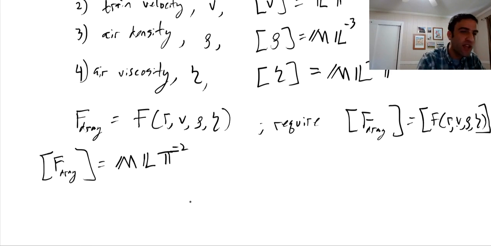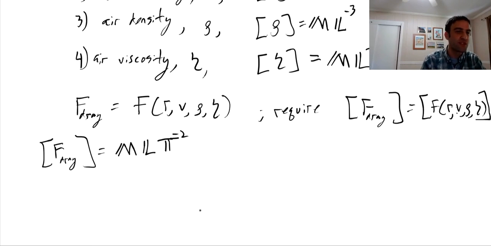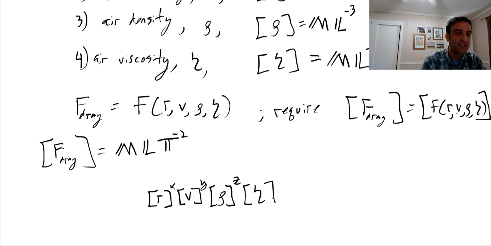In the same way that we set it up before, we want something like dimensions of radius to some power times dimensions of velocity to some power times dimensions of density to some power times dimensions of eta to some other power, which I guess I'll go back to w, x, y, z. We want this combination to be dimensionally correct, so dimensions of a force. And maybe you see the problem here.